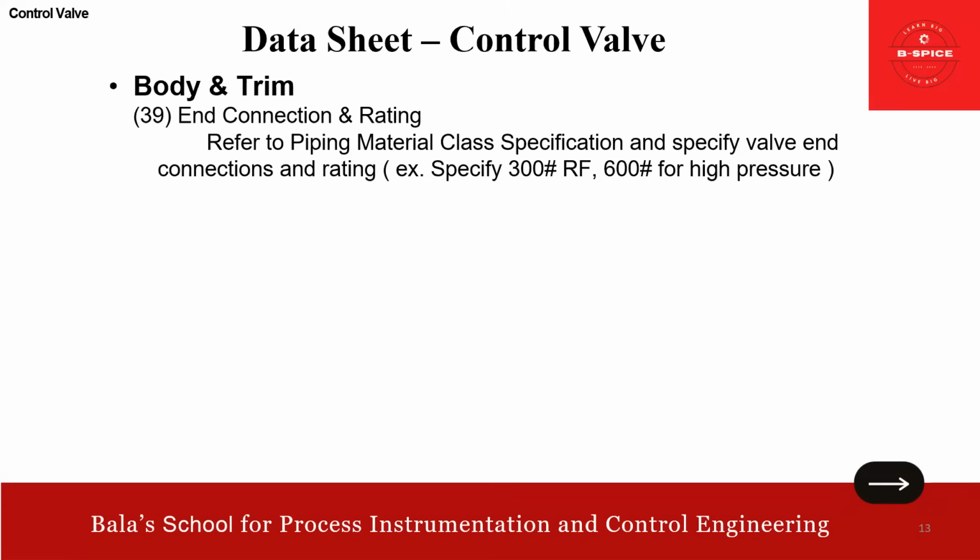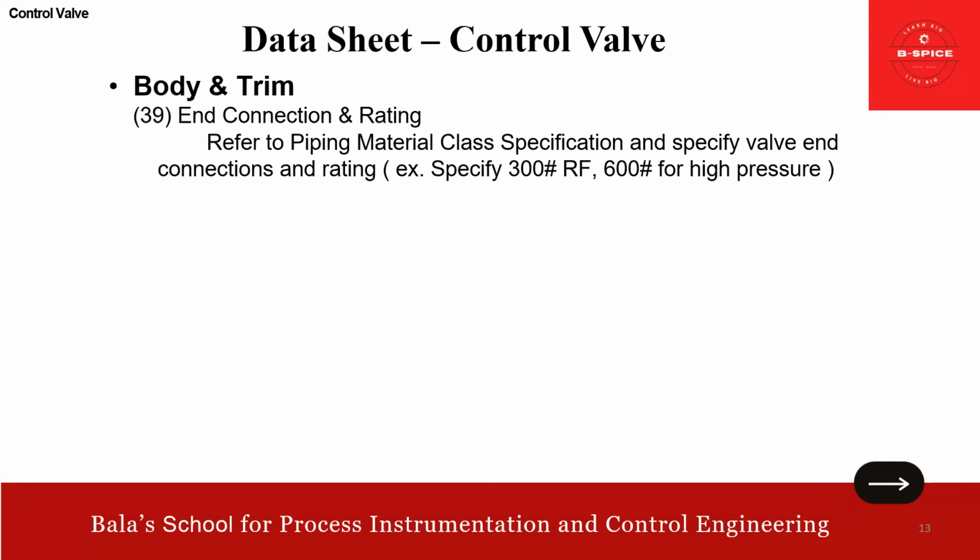And of course, for high pressure, we need to use 600 pounds. This is one thing you need to refer to. Some vendors or clients or end users follow 150 rating also, but based on my refinery experience, I can suggest 300 pounds is a safer rating.